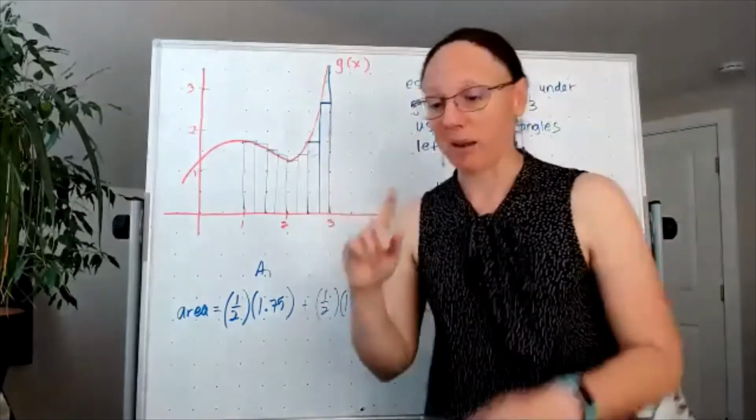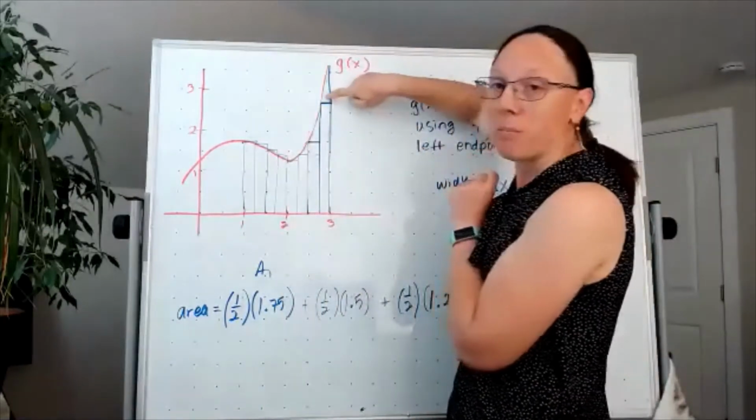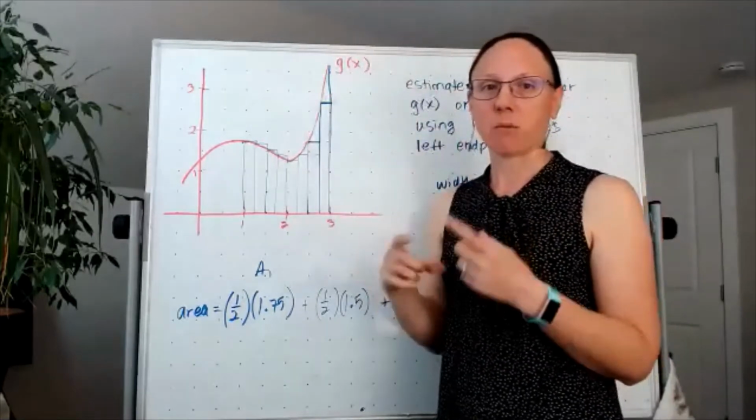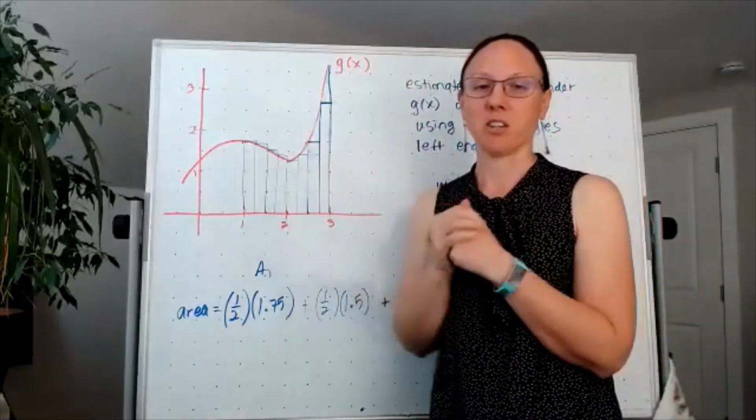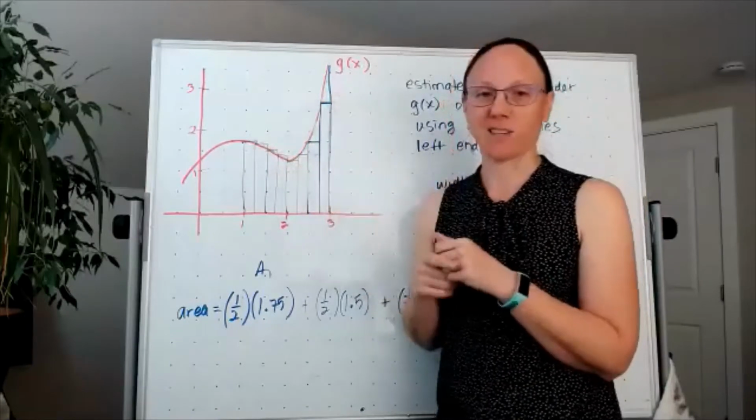Now, each time I'm drawing in the bit that I'm off by in terms of my rectangle in comparison to the true area under the graph, each of these just got smaller.